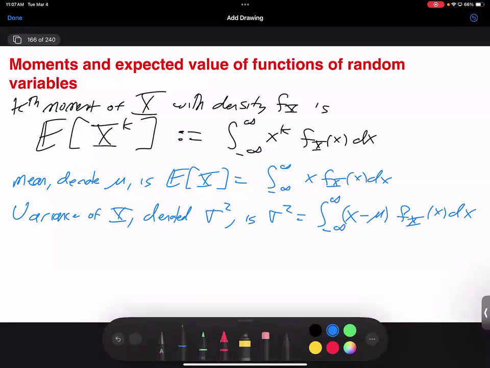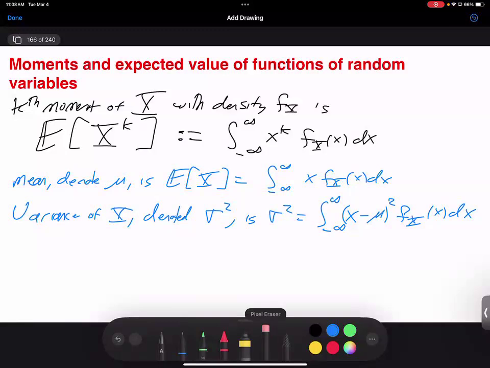I was talking about the kth moment, but here I'm not looking at x squared, I'm looking at x minus the mean squared. I'm measuring how far away I am from the mean, and weighting it by the probability I take on that value. So the smaller the variance, the more tightly compressed things are.